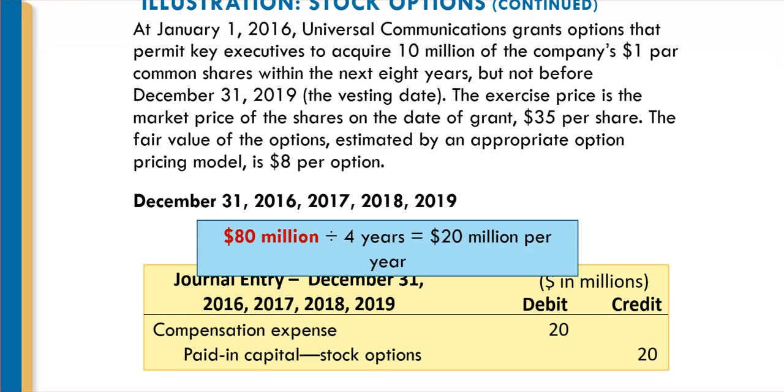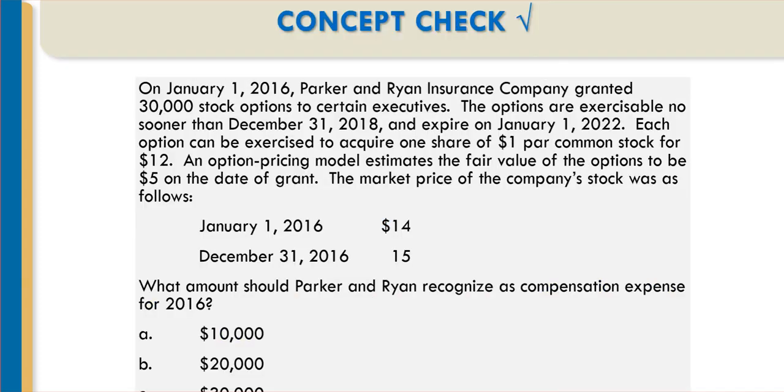The complicated part with the options, other than remembering not to use stock price, but option price, is to calculate what happens at the end of the time period when the executive decides to either exercise the option or forfeit it. On January 1st, 2016, Parker & Ryan Insurance Company granted 30,000 stock options.